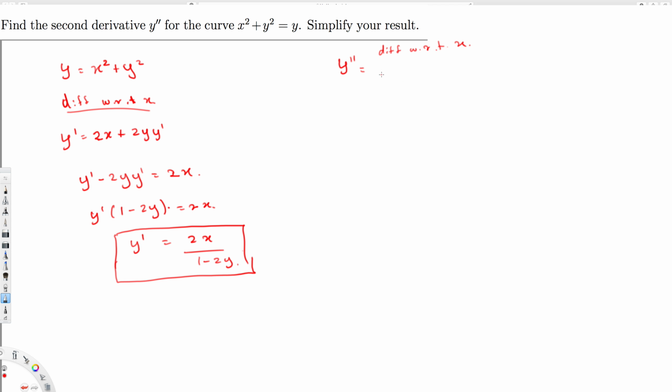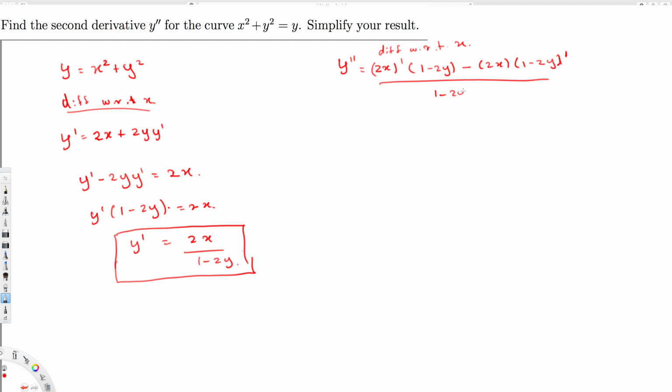According to the quotient rule, the first term is the derivative of the top part multiplied by the bottom, 1 minus 2y, minus the top part remains the same, then the derivative of the bottom, 1 minus 2y prime, over the bottom squared, right?